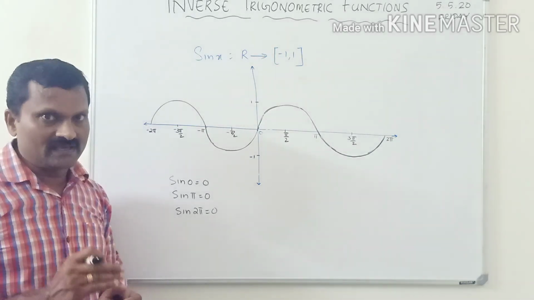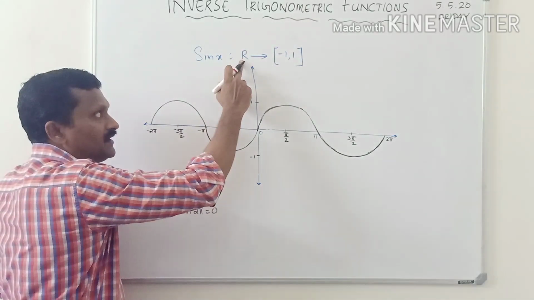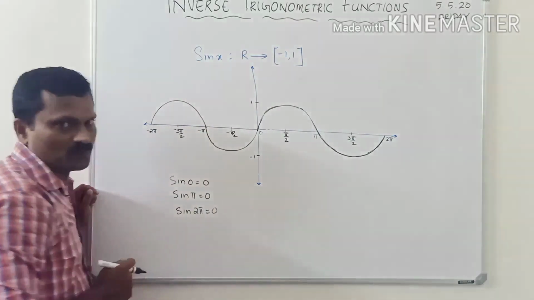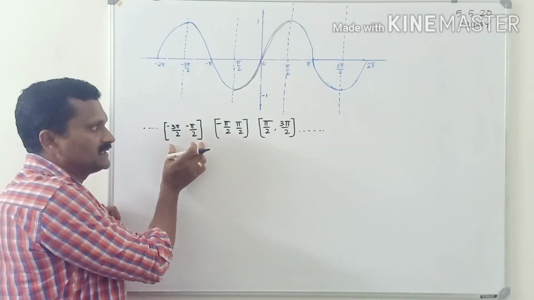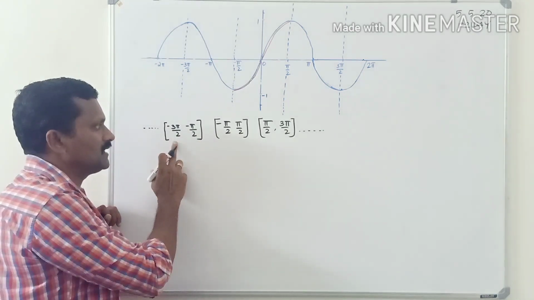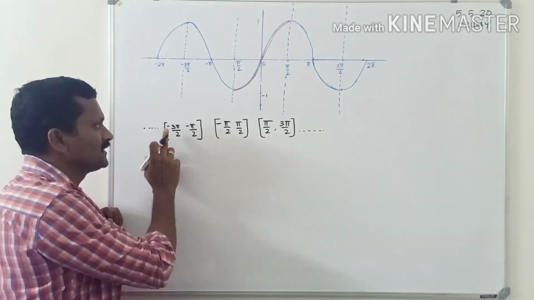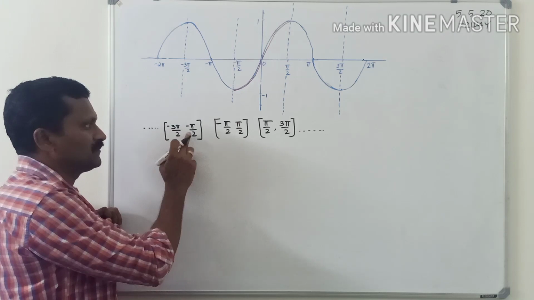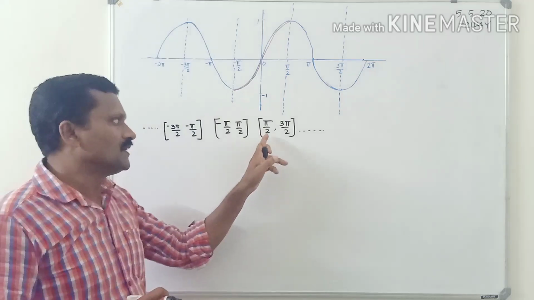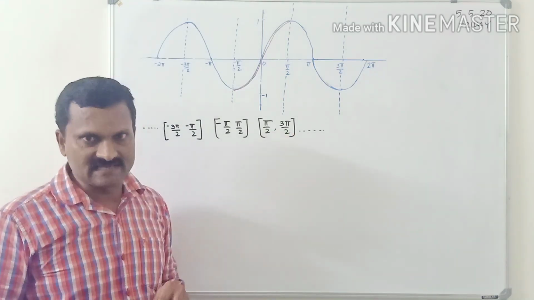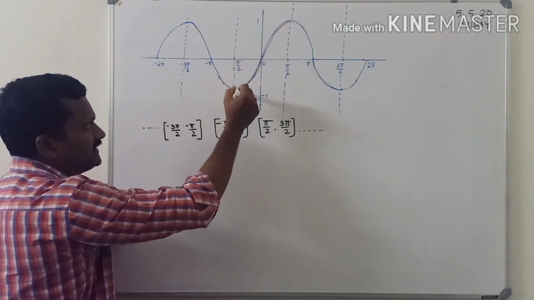To make it invertible, we have to divide the entire domain R into small intervals. That is, if we divide the entire domain R into small intervals like the closed interval minus 3 pi by 2 to minus pi by 2, minus pi by 2 to pi by 2, pi by 2 to 3 pi by 2, etc., sin x is one-one and onto in these intervals.